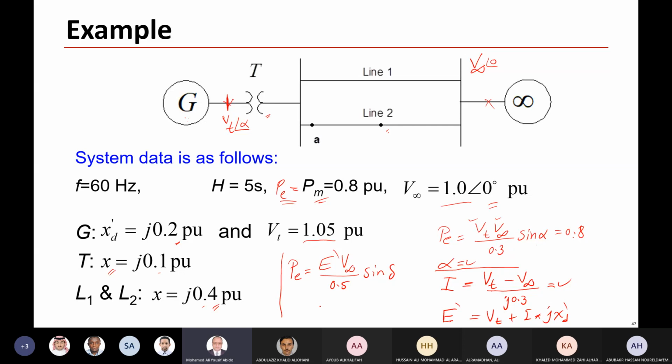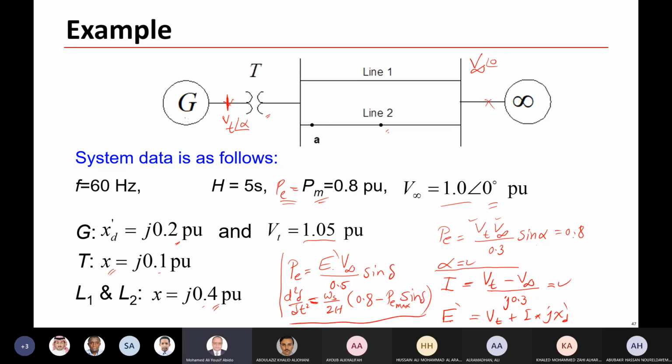So this is the electric power. Once you calculate the electric power, you can write the swing equation. So you can write the swing equation, d square delta by dt square equals omega s over 2H multiplied by P mechanical, which is constant, minus P_e maximum that we calculated here, sin delta.